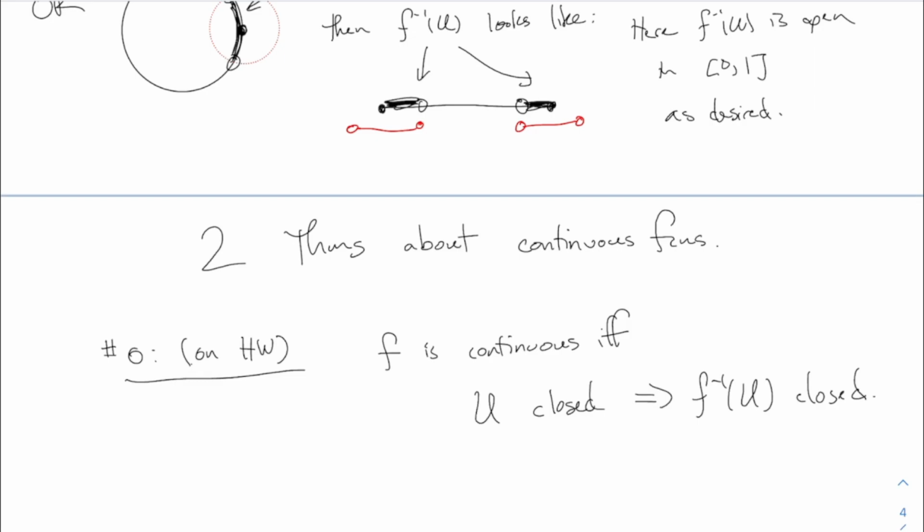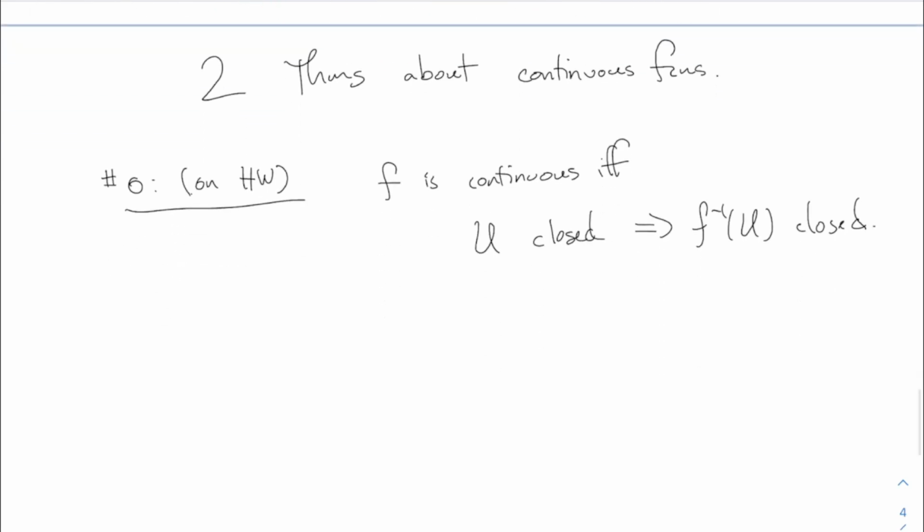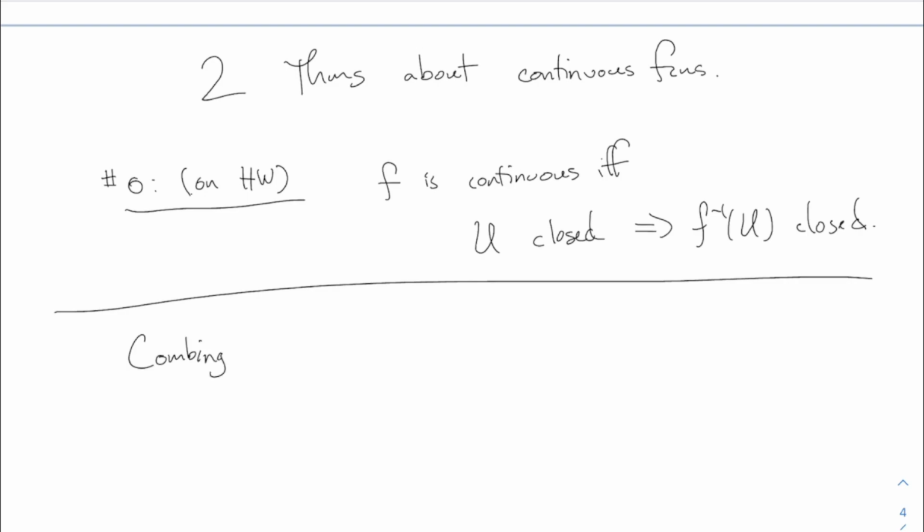We are going to use it every so often though, so I wanted to mention it at least once in class. Let's talk about theorem number 1. Both of the real ones that I want to talk about are about combining continuous functions together. There are two ways that we're going to talk about combining continuous functions.